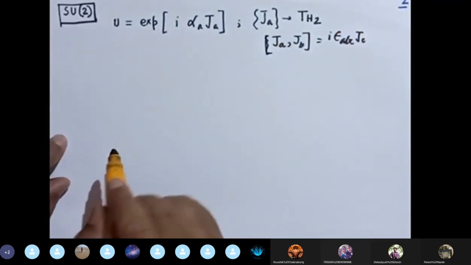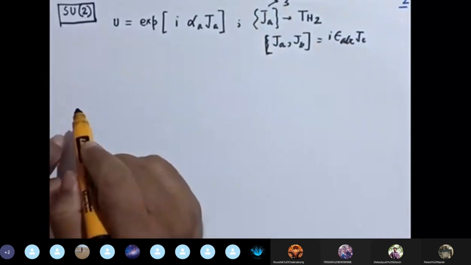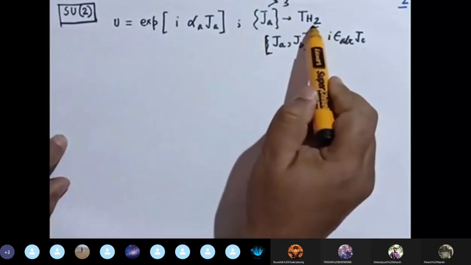Okay, there are 3 such matrices of the order of 2 cross 2.